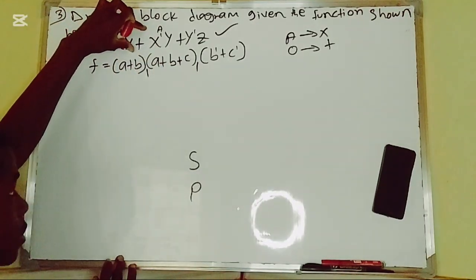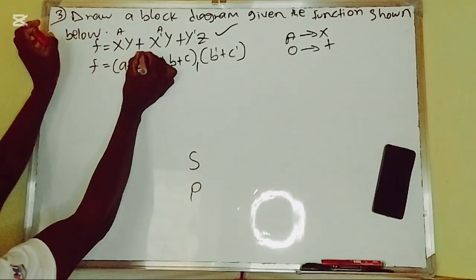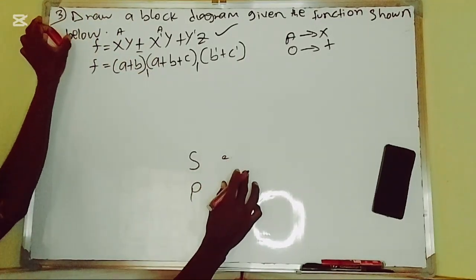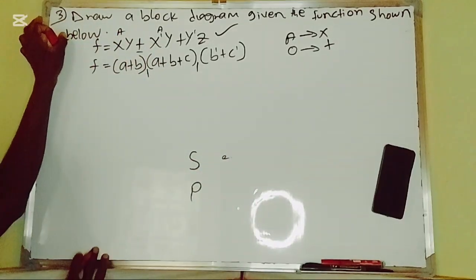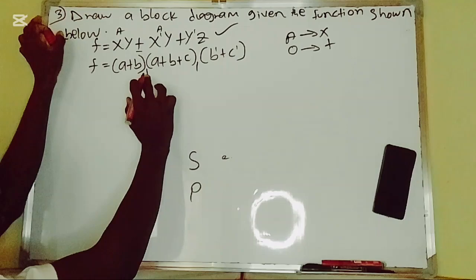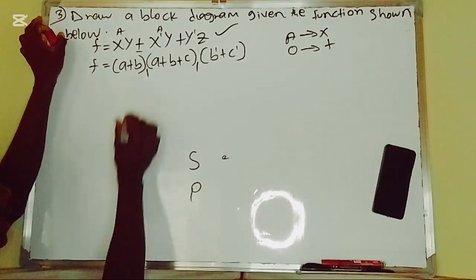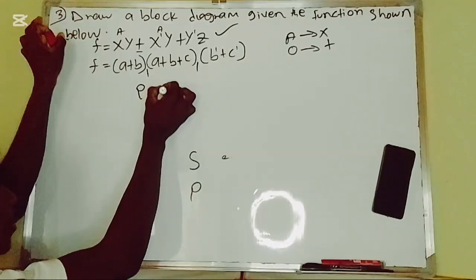As we can see, I have a plus, and here I have the multiplication. So when you look at this one, it is sum of product, because this will be a product as well. And if you look at this one, this is a product, so this is product of sum.